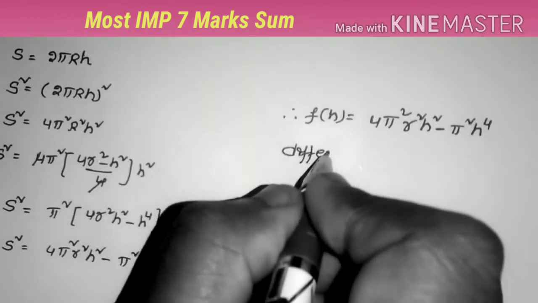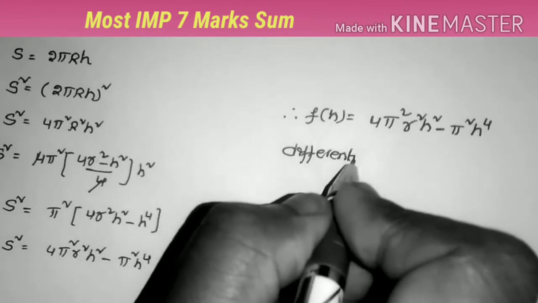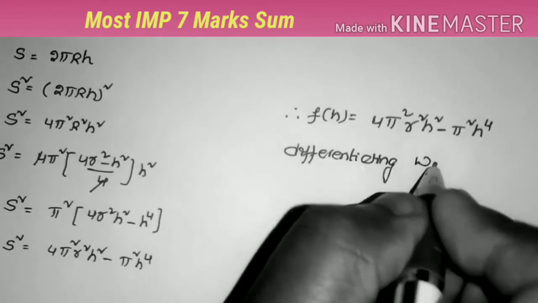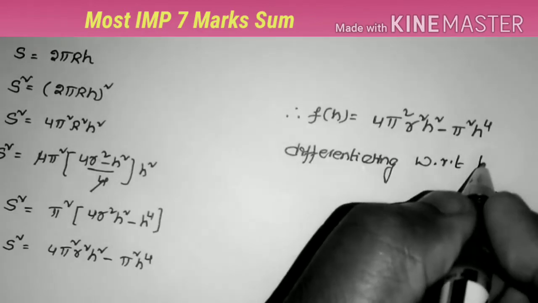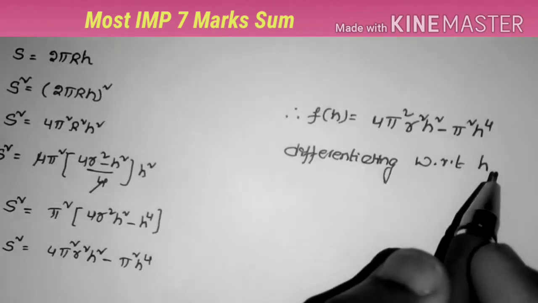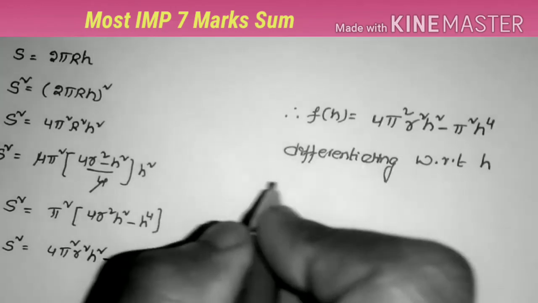Differentiating with respect to h here, since this is the function in terms of h, we take the derivative with respect to h. In the last problem we took the derivative with respect to x, but here we are taking the derivative with respect to h.